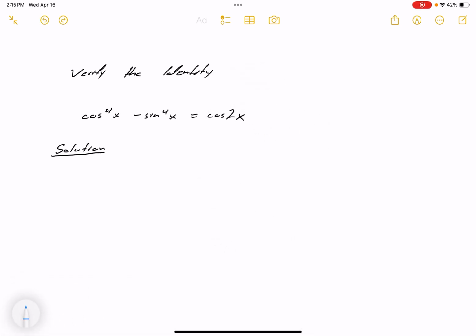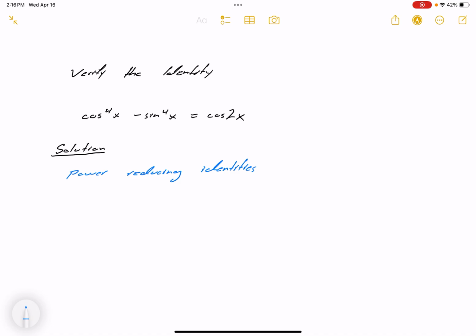So what are we going to use? We're going to use the power reducing identities.